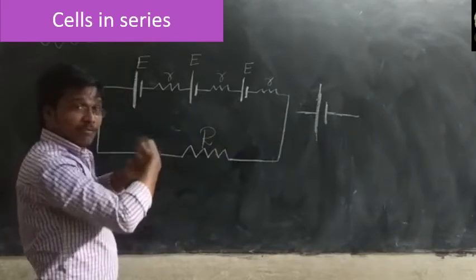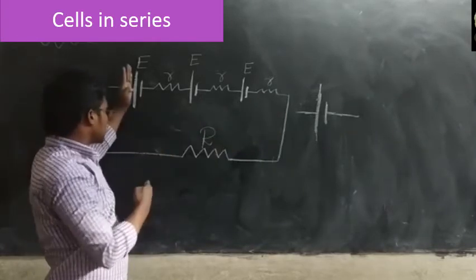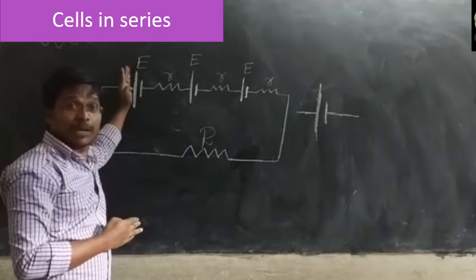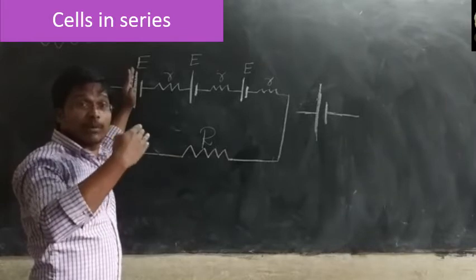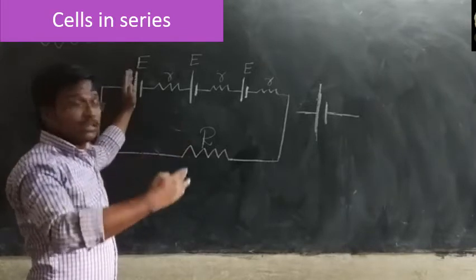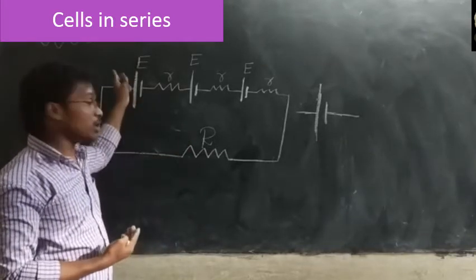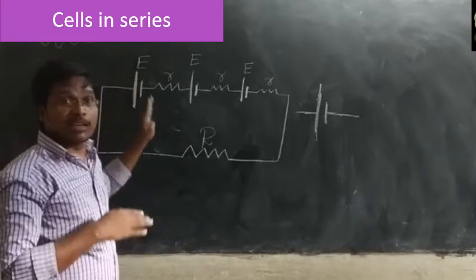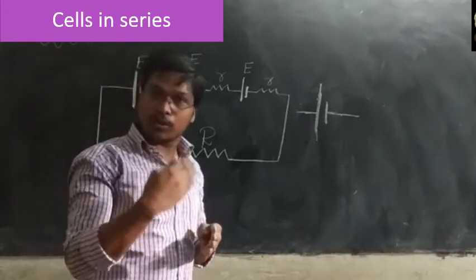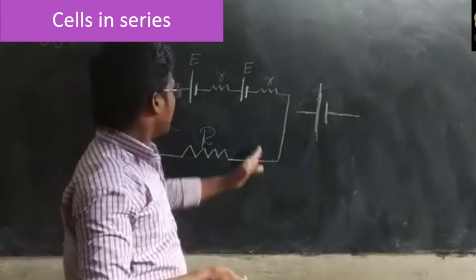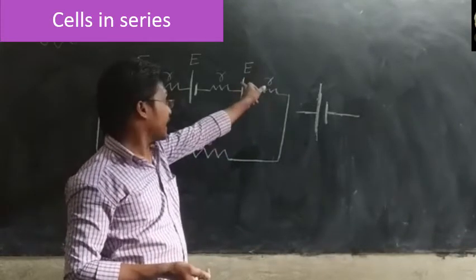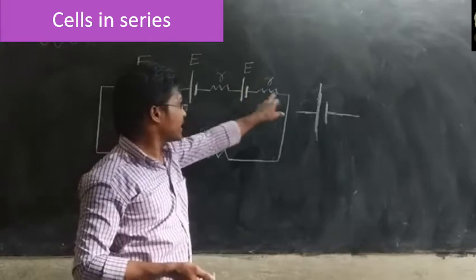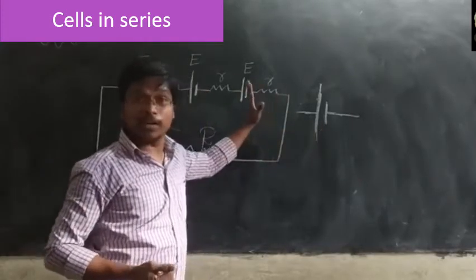The positive terminal of the first cell acts as the positive terminal of the battery, and the negative terminal of the last cell acts as the negative terminal of the battery.